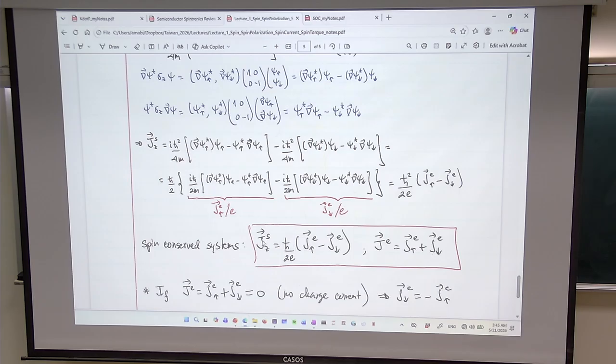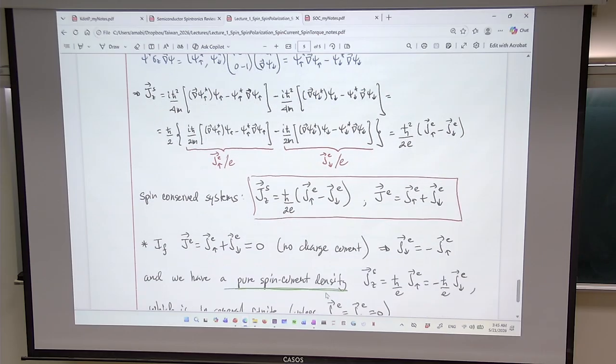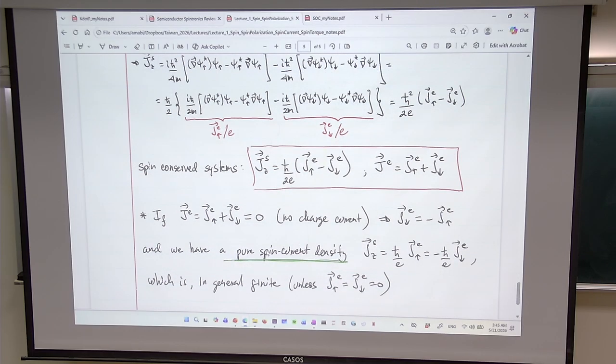Now this brings you into a very interesting situation in which the charge current could be 0, but the spin current not. In the case in which the charge currents of spin up and spin down are opposite, the total charge current will go to 0, right? But then the spin current is not going to be 0.